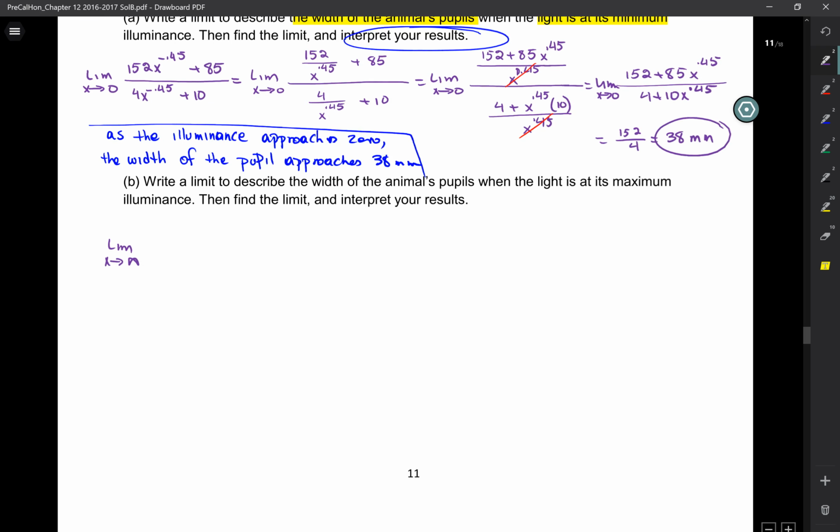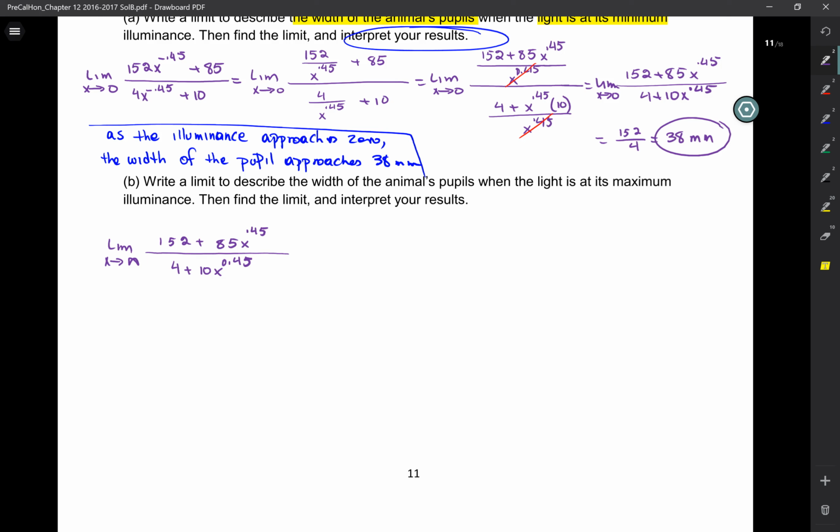So do I have to do all those calculations one more time? No, I can just take the final version. Okay? So what happens here?